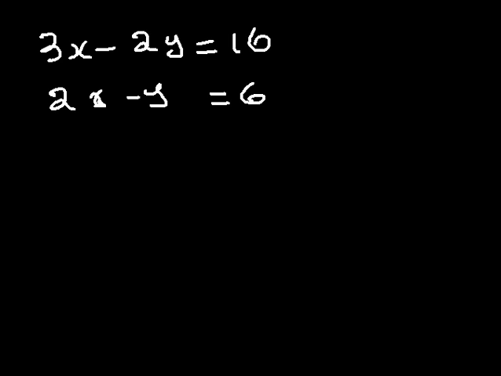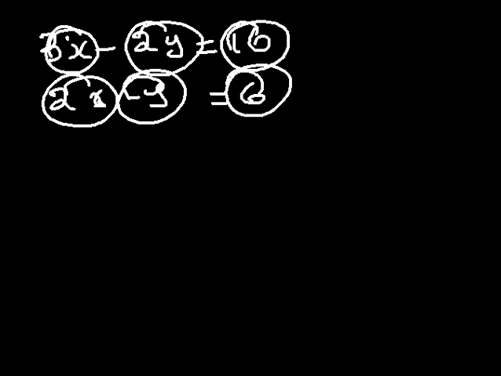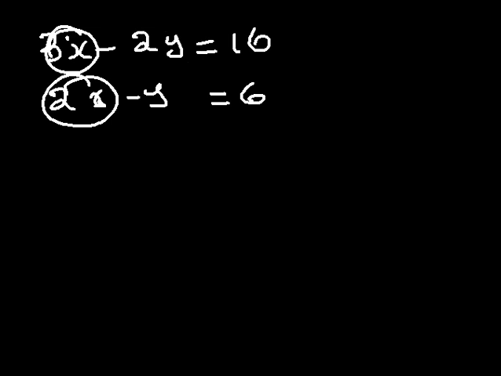For this case, we have 3x, and here we also have 2x. We have negative 2y, and we have negative y. Here we have 16, and here we have 6. So they are arranged in the same line for both equations.